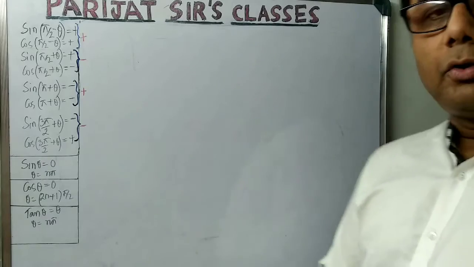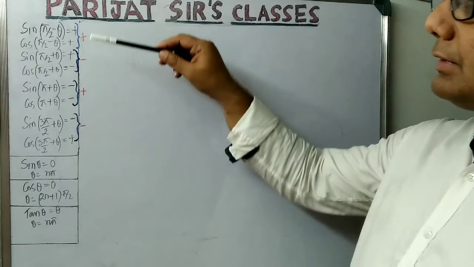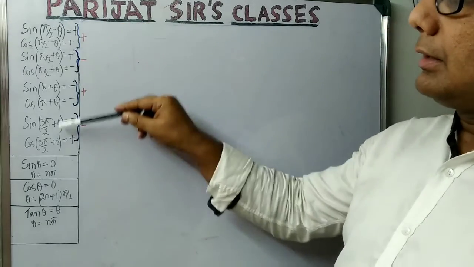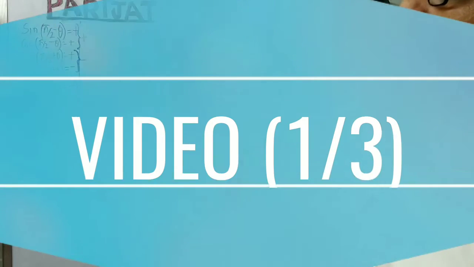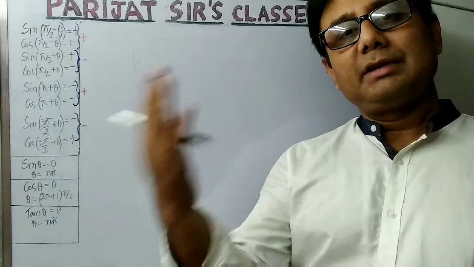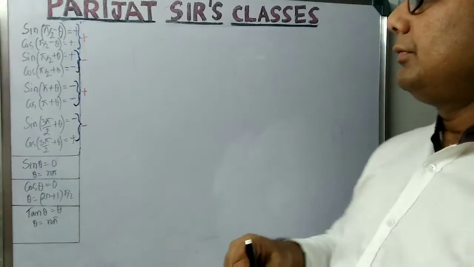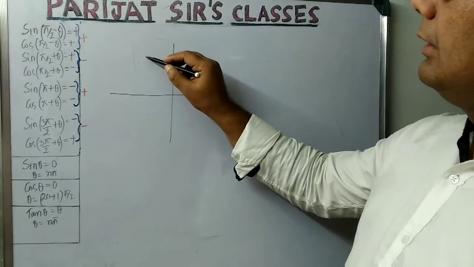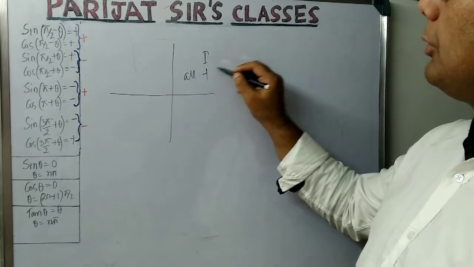First of all, before starting the chapter, I want you to have a look at whatever formulas I've written here. I'll explain what they are. You already know there are 4 quadrants. In the first quadrant, all trigonometric functions are positive.